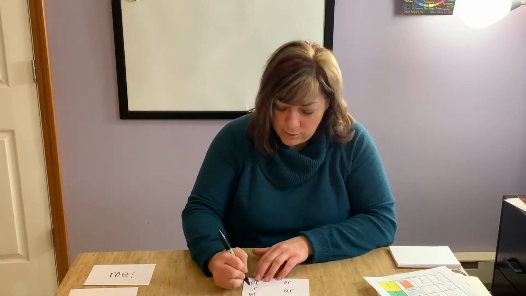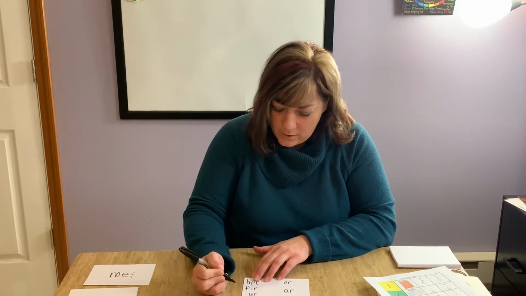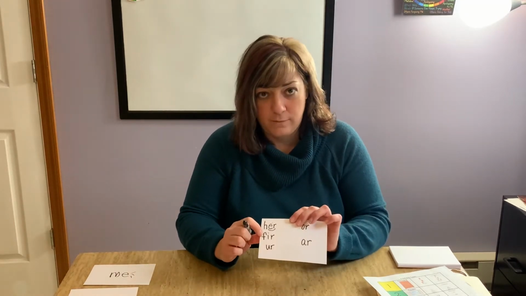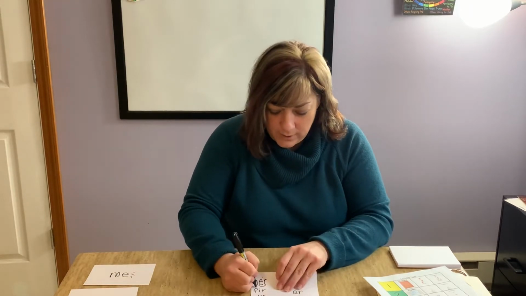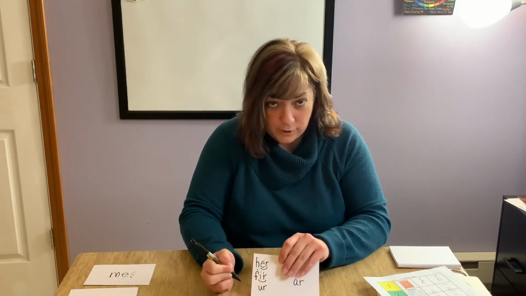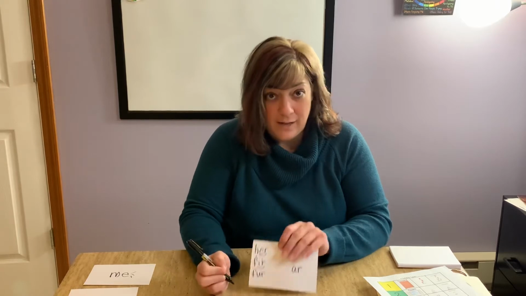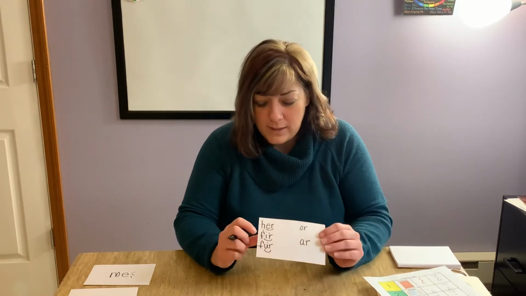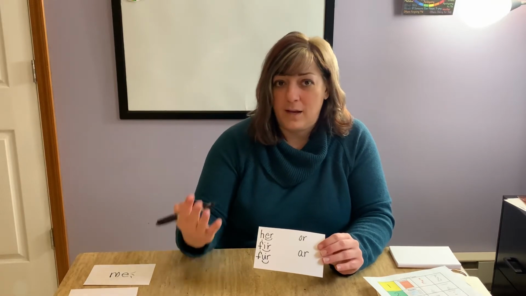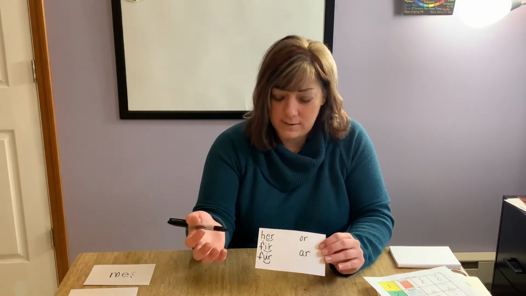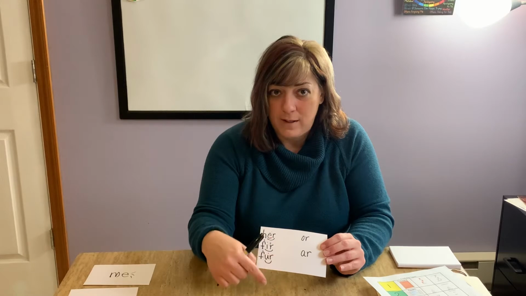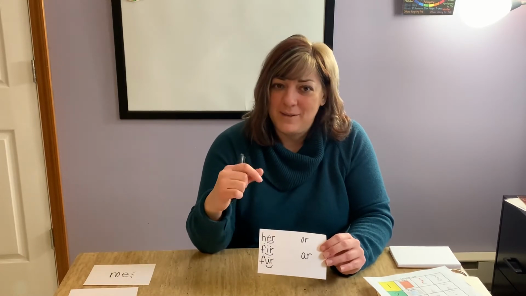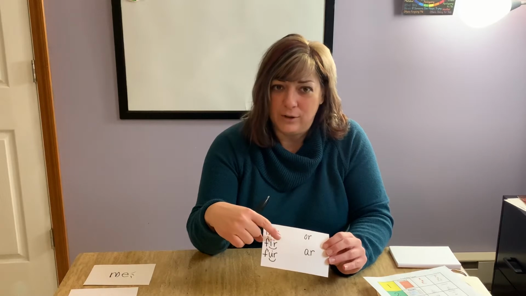The same is true with the IR or the UR. So if you look at this one, fir as in fir tree, you really only hear the F and the R. This one, fur, like fur on an animal, we have F and R. So in these words, if they followed the typical pattern of a closed syllable with one vowel followed by a consonant, they would say something different, but that's not how we say it.